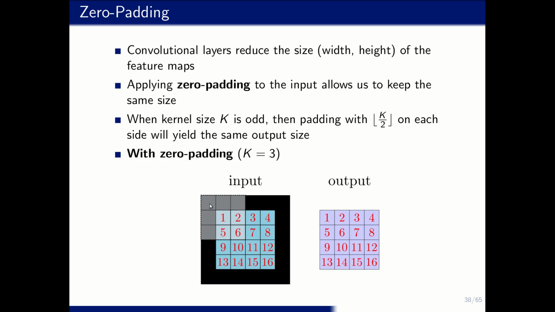If we now apply the convolution to this zero-padded image, the output has the same size as the input, because the convolutional kernel fits in each of these positions. So zero padding allows us to keep the same spatial dimensions, width and height.